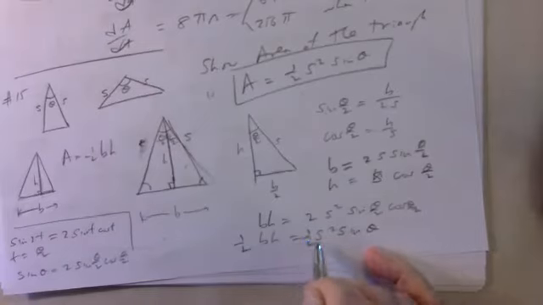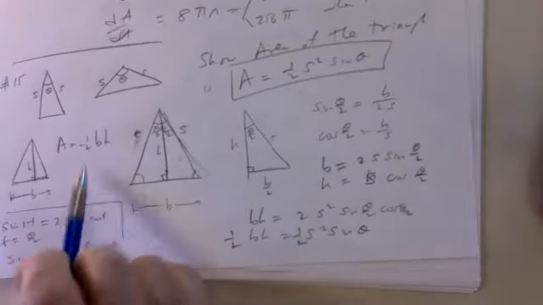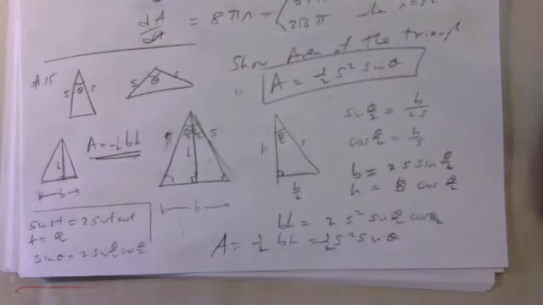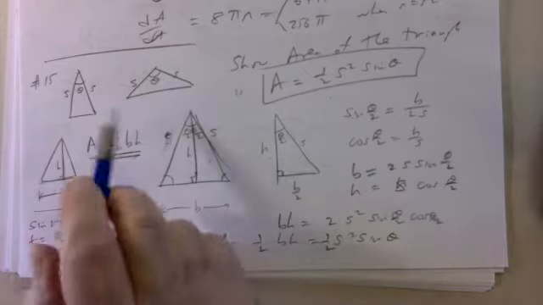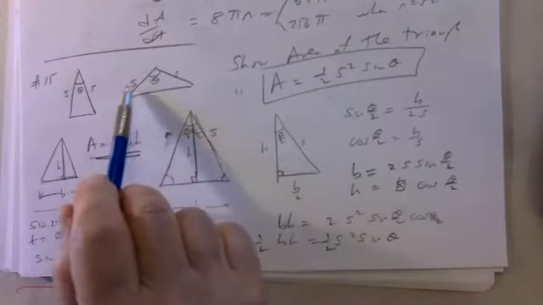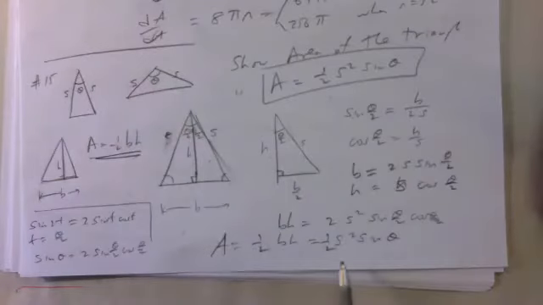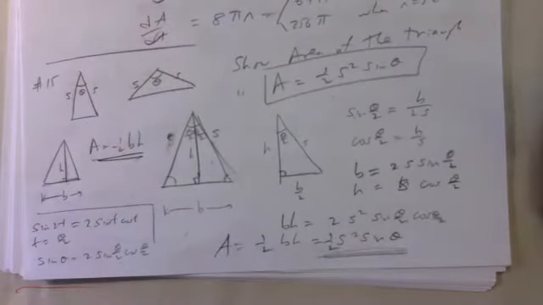And a half bh is a half of this, and 1/2 bh, that's the area. So this is a little proof, using some high school geometry, that an isosceles triangle whose side is S with an included angle theta has area given by this formula. Okay. All right. Are there any questions about this? This is a nice little exercise in geometry.